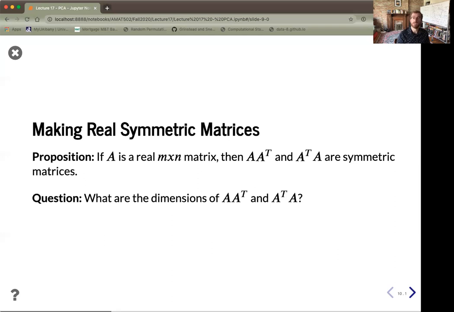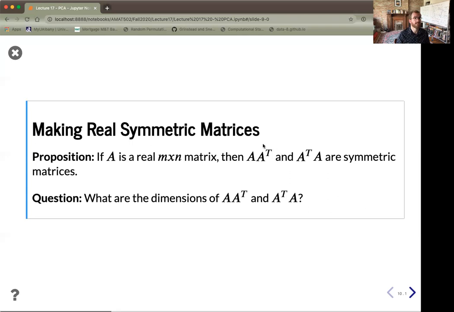So if you have an arbitrary real m by n matrix, you could take A times A transpose, and that is going to turn out to be a symmetric matrix. Again, just because when you take the transpose, it switches, and the transpose of the transpose is back to itself. So this and this are going to be symmetric matrices.